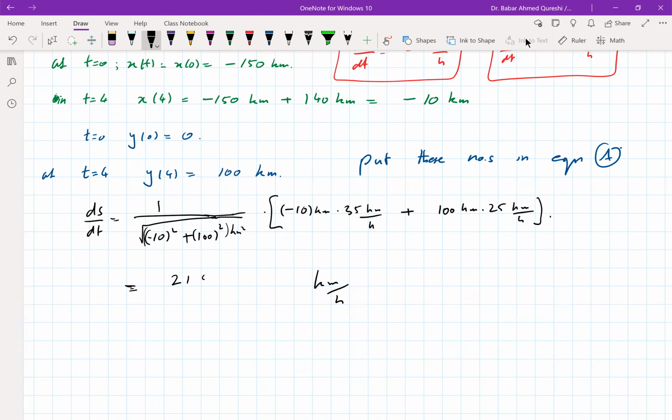So 2150 divided by square root of, no, square root of 100 square is 10,000 plus 100, and the square root of this is about 100.5, almost, not exactly.